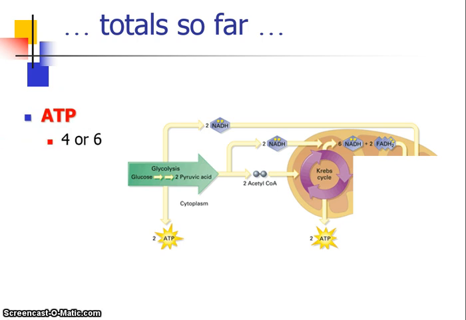We produced 4 usable ATP, 6 if you count the ones that are offsetting the ones that went into glycolysis. We have 10 of those electron carriers in the form of NADH, and we have 2 FADH2. And all of those are now going to go into the electron transport chain.